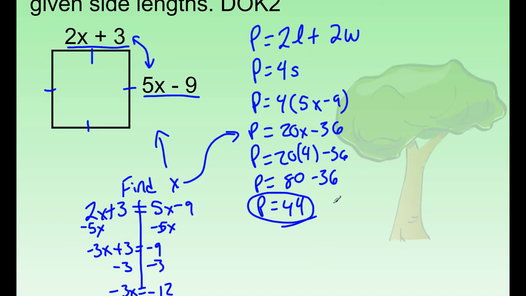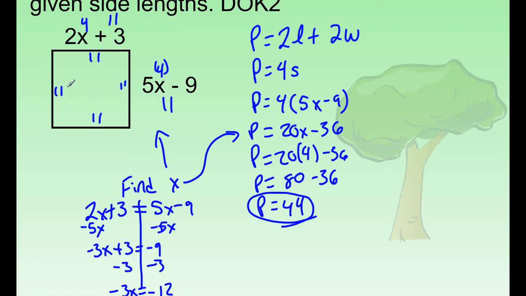If you did it this way, it works. It's actually true. If you didn't do it this way, if you just looked at the shape and said, okay, now if x is 4, that means 5 times 4 is 20. 20 minus 9 is 11. 2 times 4 is 8. 8 plus 3 is 11. All of the side lengths are 11.